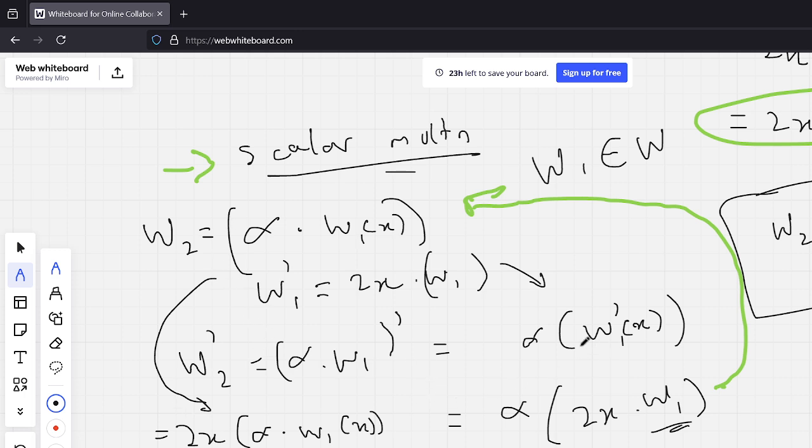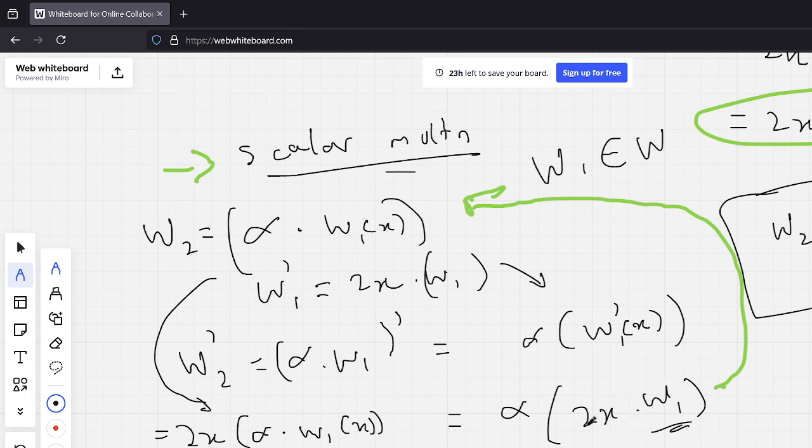And then we get this because we know what the derivative of W1 is. And we're basically saying that is our answer equal to the derivative of W2, and the derivative of W2 would be 2x times the initial, which is 2x times alpha times W1.